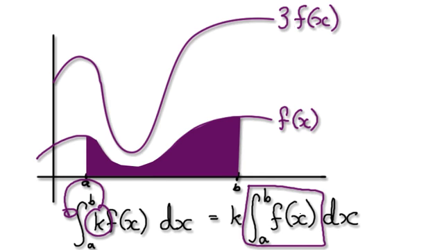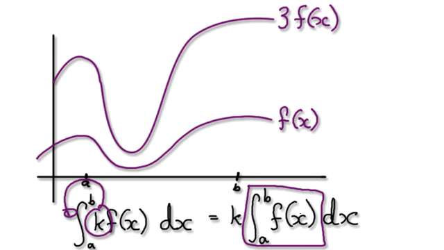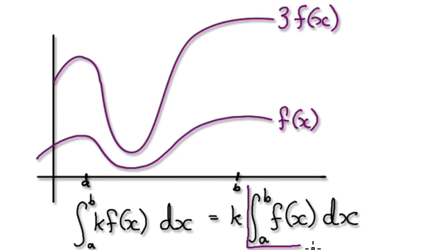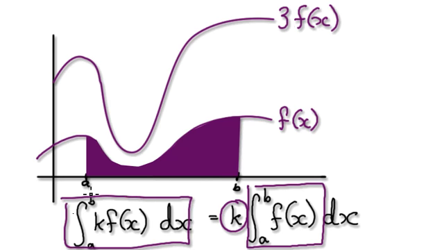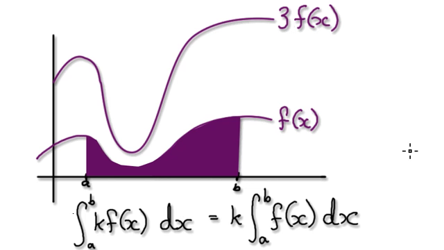The area of f of x is this area here. So work out this area, the normal f of x, and then whatever the answer is, times it by k. That will be the same as working out the area of this whole thing here. Okay, I hope you can see that.